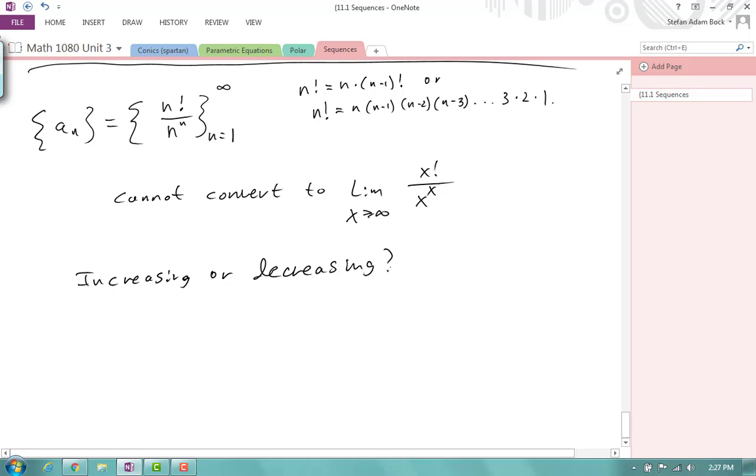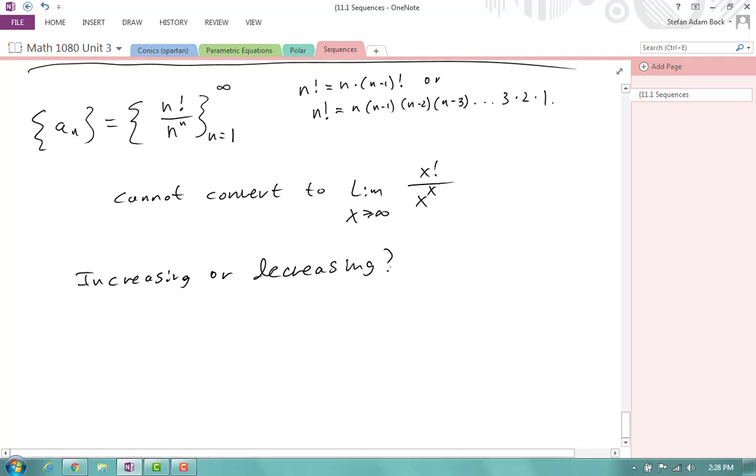Depending on your functions, there's a couple of ways to do this. For example, if I could convert it to a continuous function, I might try to take the derivative to find out if the derivative is generally negative or positive. But again, since I have n factorial, I certainly can't take a derivative of a function that's not continuous.